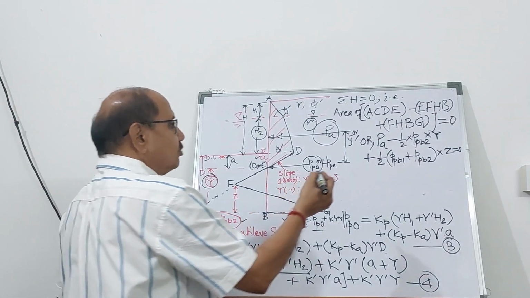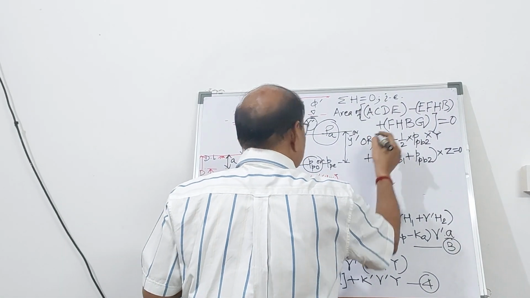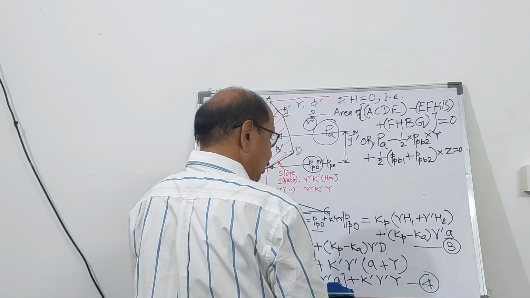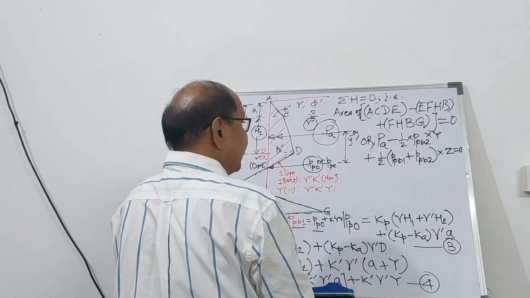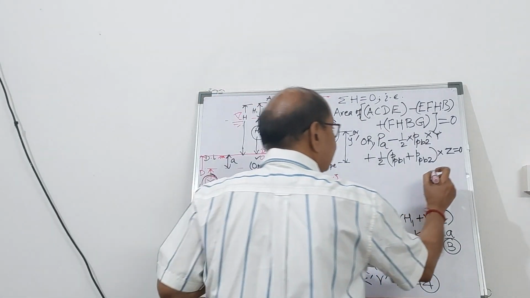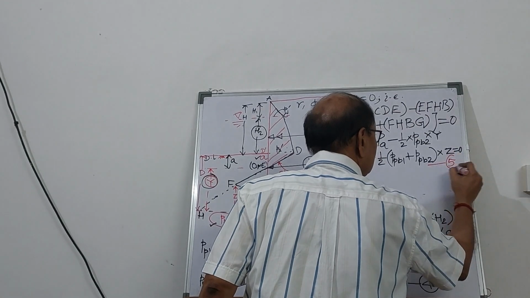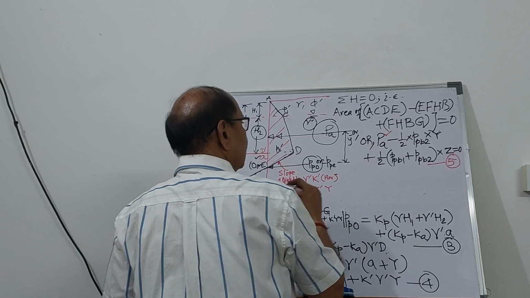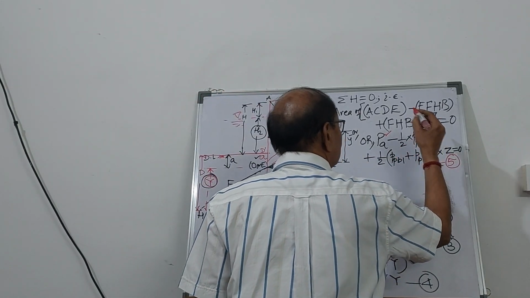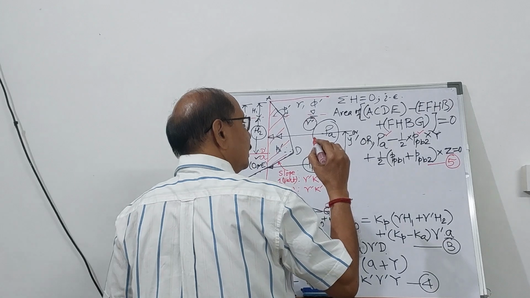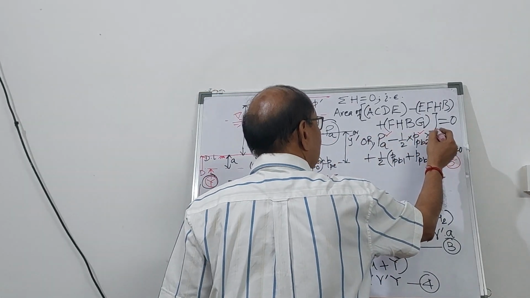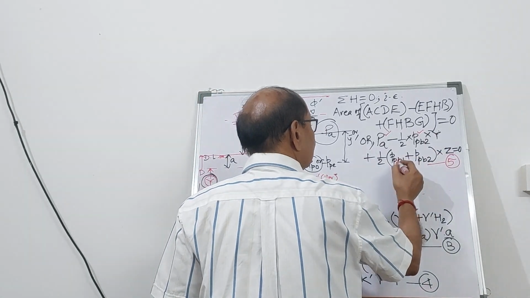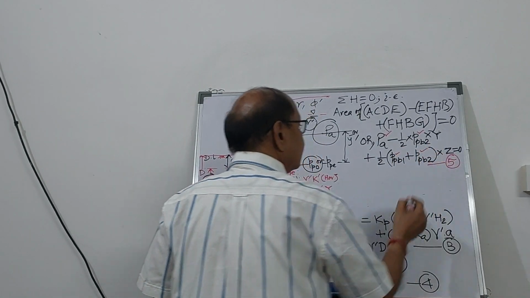So if you solve this, what is unknown? Finally, from sigma H equal to 0, this is the fifth equation. PA is known to me, PPB2 is known to me, Y is not known to me, Z is not known to me.